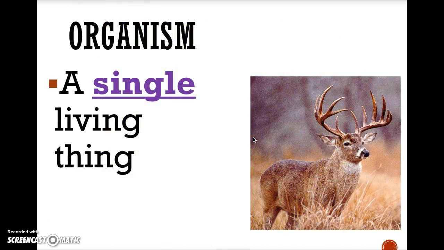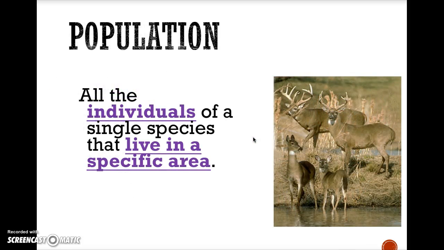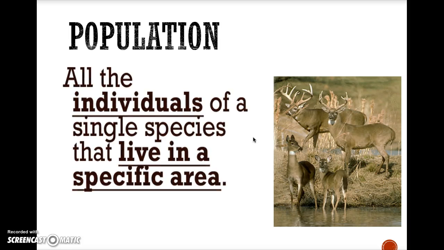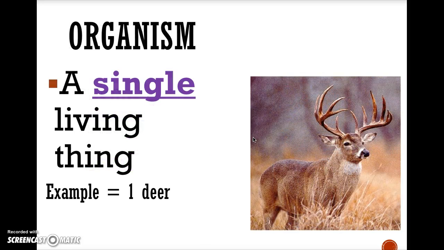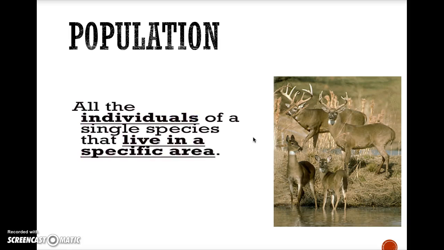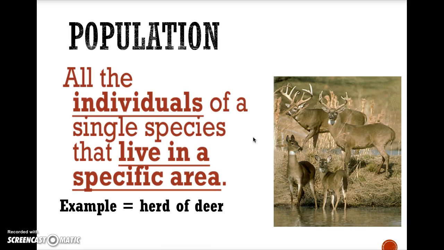Anyway, moving on slightly. An organism is a single living thing. An example is a deer. A population is all the individuals of a single species that live in a specific area, which is a herd of deer. So an organism is one deer, and a population is a herd of deer.